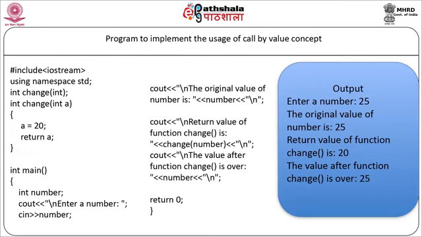Once we come back to the calling program, that particular change will not be reflected. Our number value will be the original value 25 and not 20. So this is the biggest disadvantage of call by value, where the values are copied to the arguments and the change will be seen only inside the function.